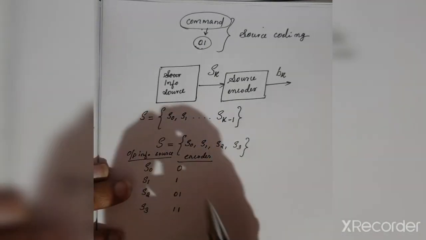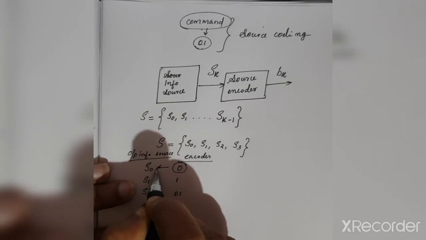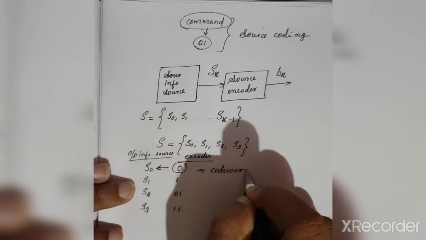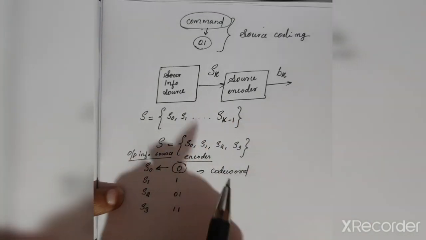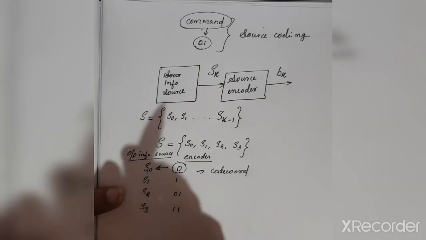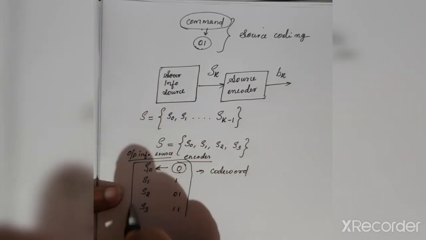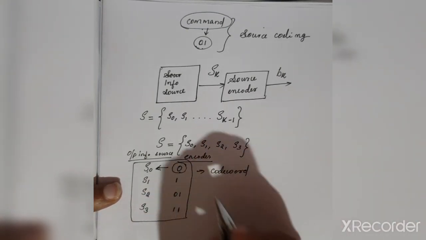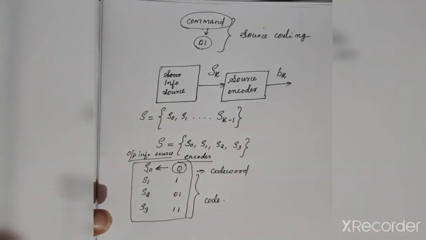Each of these binary representations corresponding to a symbol is called a code word. And this complete set of the encoder output, containing different code words for different symbols, is what you call a code. So a code is a collection of different code words.